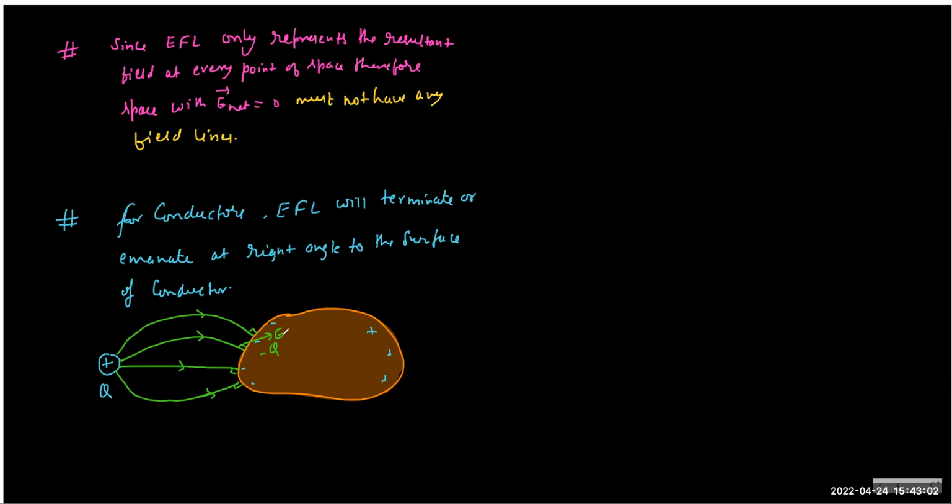Because the tangential component cancels out, which component are we left with? The normal component. So the net field will always be perpendicular near the surface. That is the reason we consider it like this.